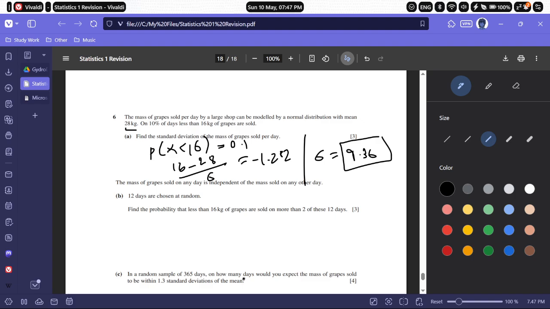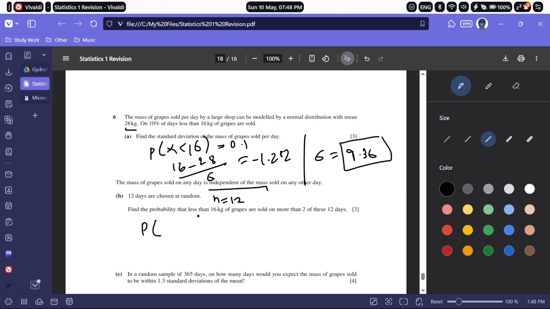Since these events are independent on every single day, this could potentially be a binomial distribution, and n is pretty small as well. Then find the probability that less than 16 kg of grapes are sold on more than 2 of these 12 days. So this is going to be a binomial distribution.